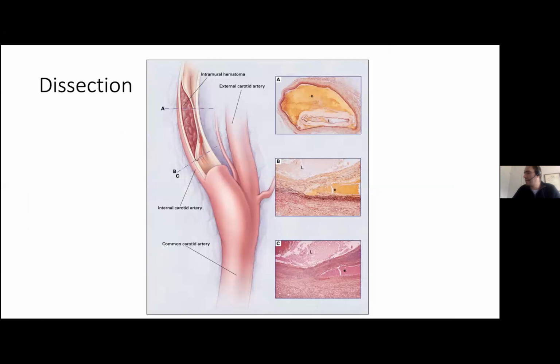So I was going to talk a little bit now about dissections. As we've just spoken about, this is quite a nice picture of a dissection. A dissection is essentially where you get a tear in the inner arterial wall, and then the blood flows into that false lumen and creates an intramural hematoma.